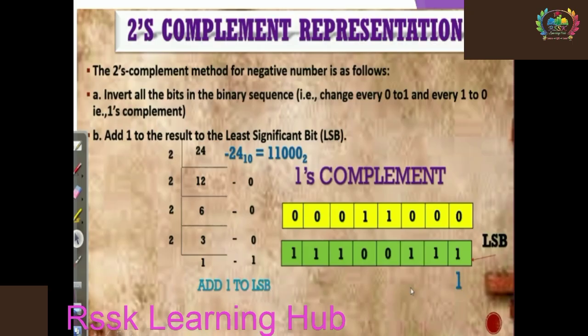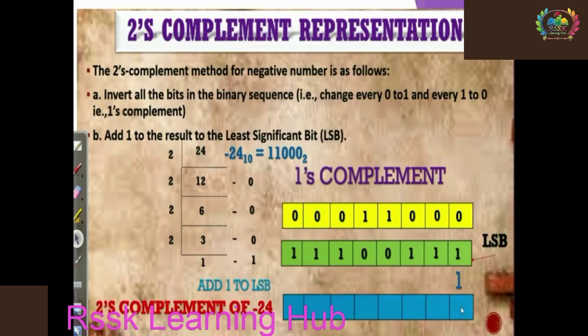So I am going to add 1 and write the output. 1 plus 1 in machine language gives 10, so 0 comes down and 1 is carried over. Then 1 plus 1 again is 10, so write 0 and carry over again. Again write 0 here with a carry over.